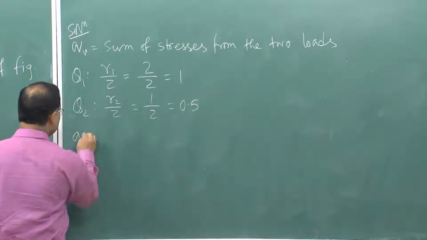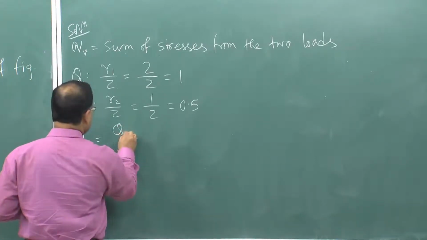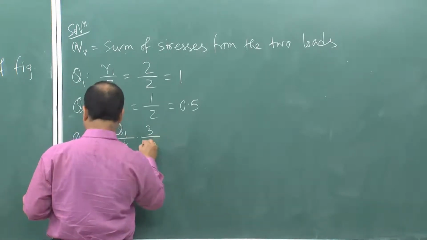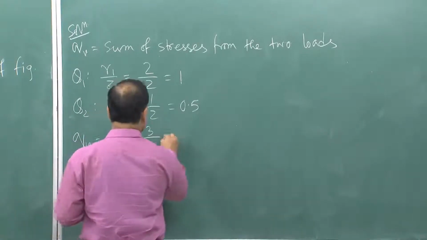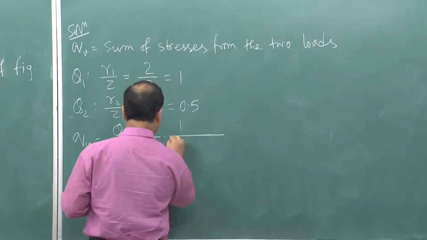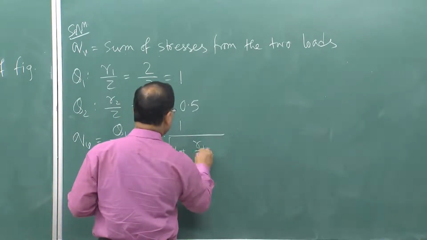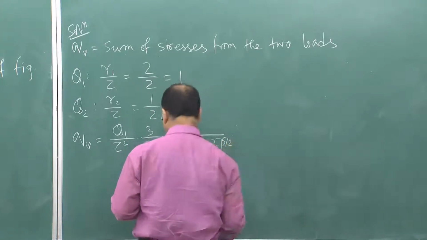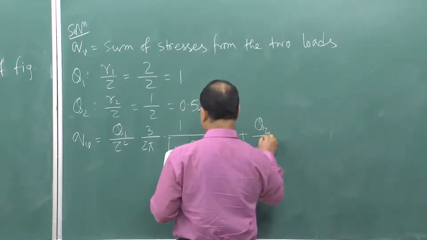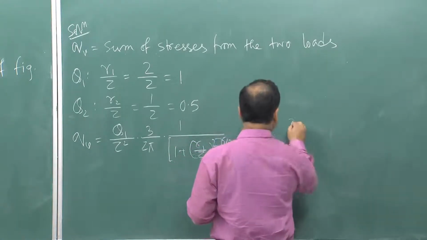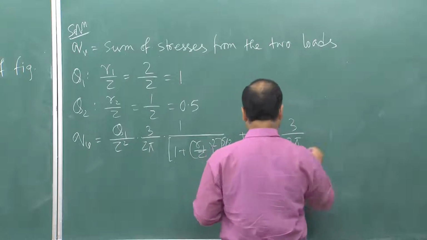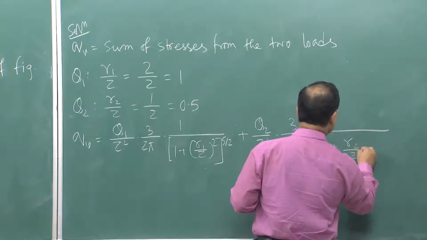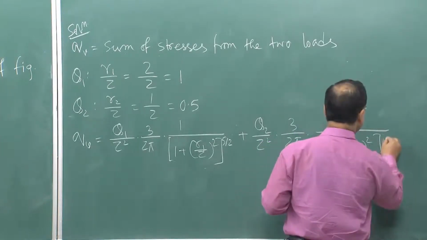Okay. Therefore, QV is equal to Q1 by Z square into 3 by 2 pi into 1 by (1 plus R1 by Z whole square) to the power 5 by 2, plus Q2 by Z square into 3 by 2 pi into 1 by (1 plus R2 by Z whole square) to the power 5 by 2.